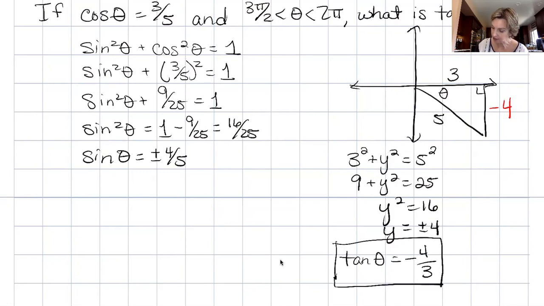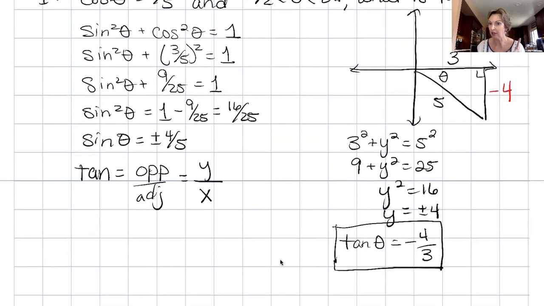Now, tangent is opposite over adjacent. Opposite is your y, and adjacent is your x, right? We talked about that in a previous video. And also we know that y is your sine.